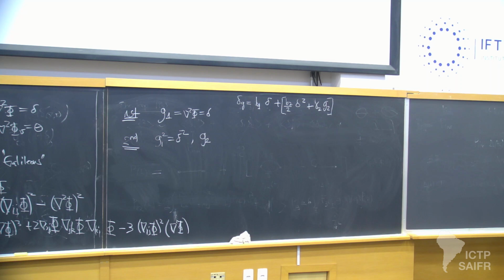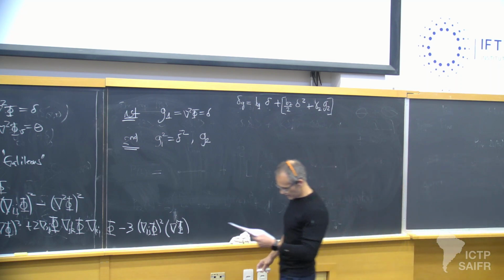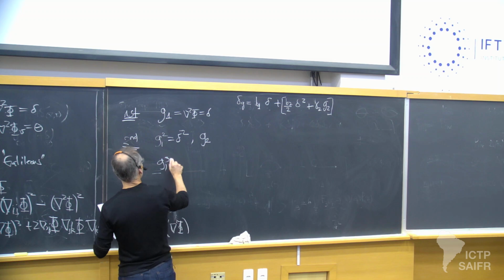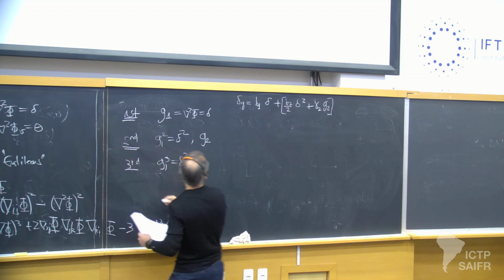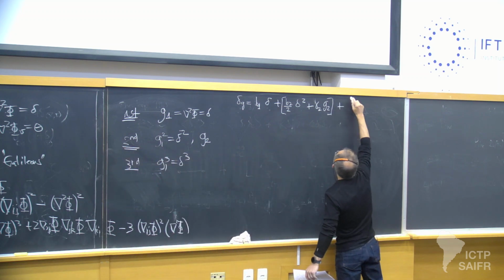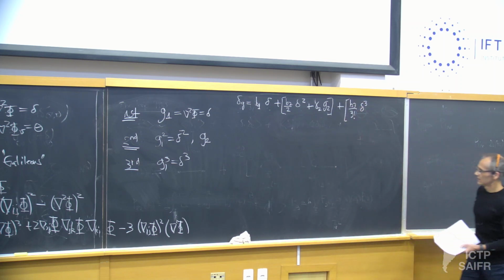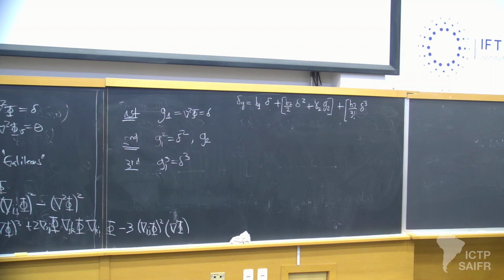Okay? One more order, okay? Then, of course, we have G1 cubed. Again, don't blame me for the coefficients, but this is some sort of Taylor expansion, historical reasons.